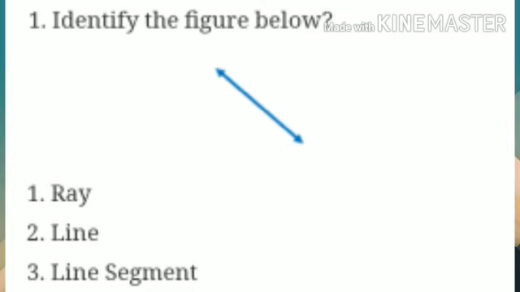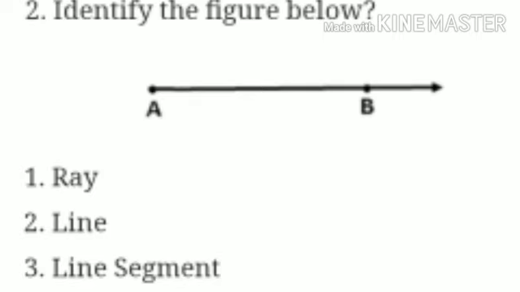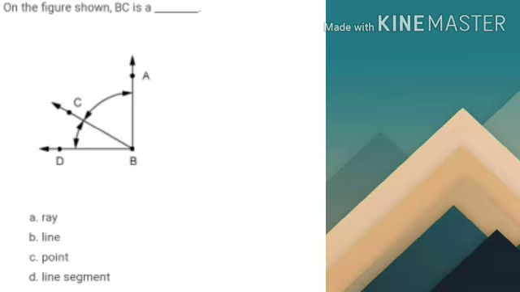Next is, identify the figure below: ray, line or line segment. Now the next is, identify the figure below. This figure is a ray or a line segment. Now the next question, on the figure shown, BC is a ray, line, point or line segment.